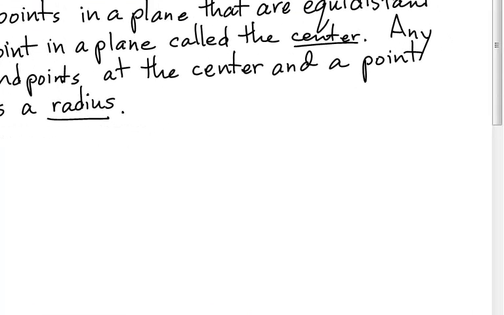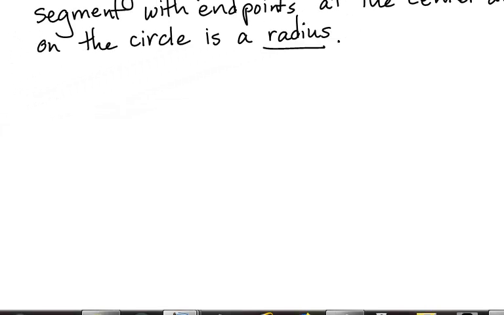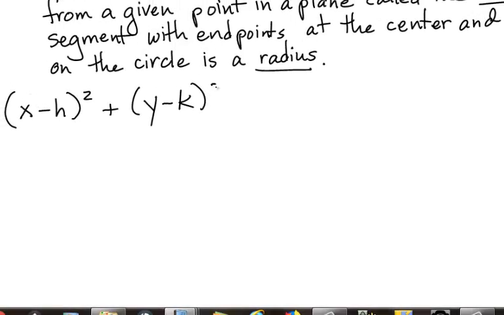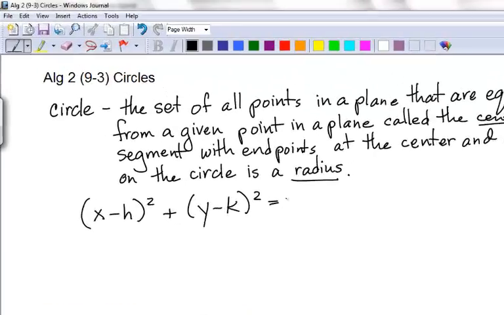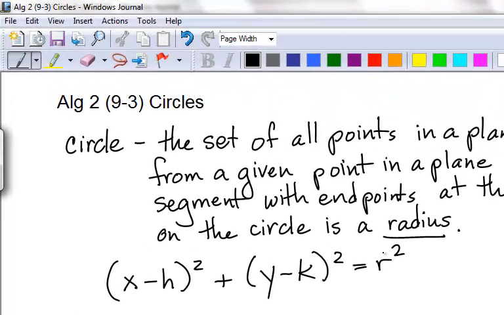Okay, and the main equation for a circle is x minus h quantity squared plus y minus k quantity squared equals r squared. We said when we were graphing a parabola, the clue was it was a y to the first and an x squared, or an x to the first and a y squared. But if you square these, both of these are going to have x squared, y squared. Okay.